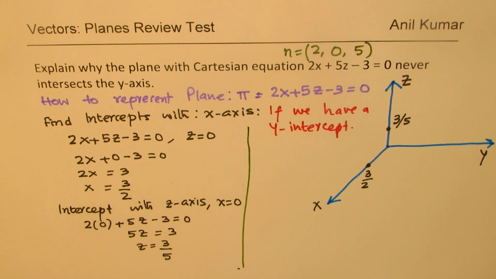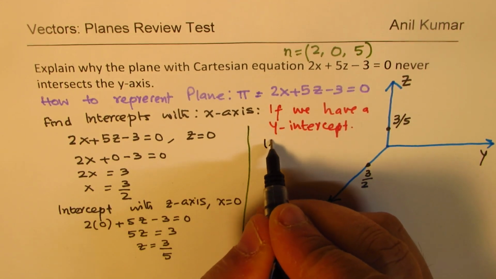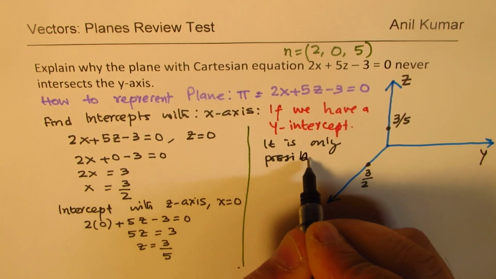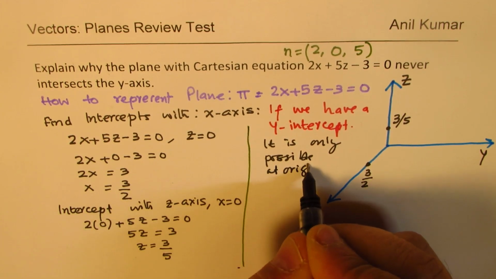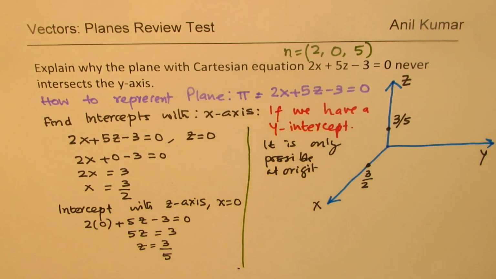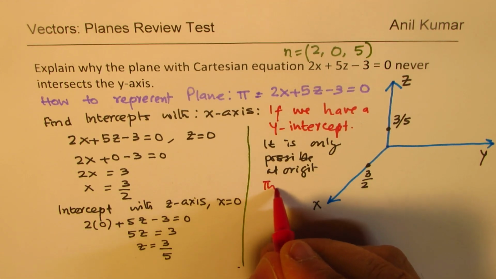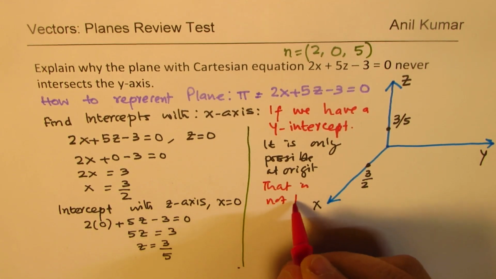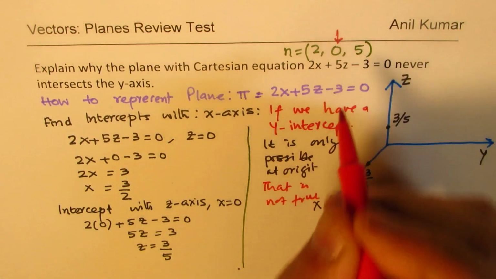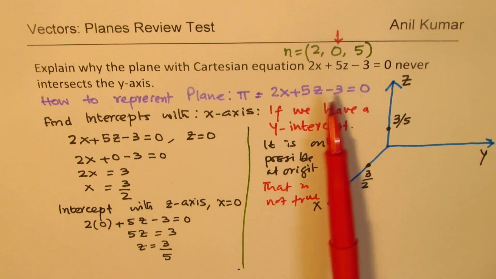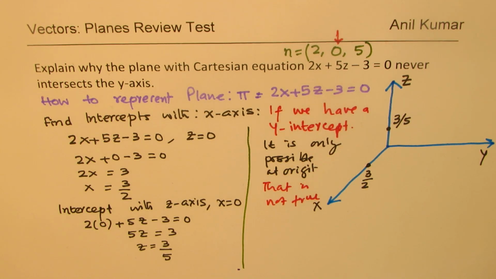It is only possible at the origin, when all are 0, right? So that is possible only at the origin, but we know that is not true in this case, right? Because you see that y value, when you multiply with any parameter, you just get 0, and in this equation there is nothing like this, right? So that is not true, correct?